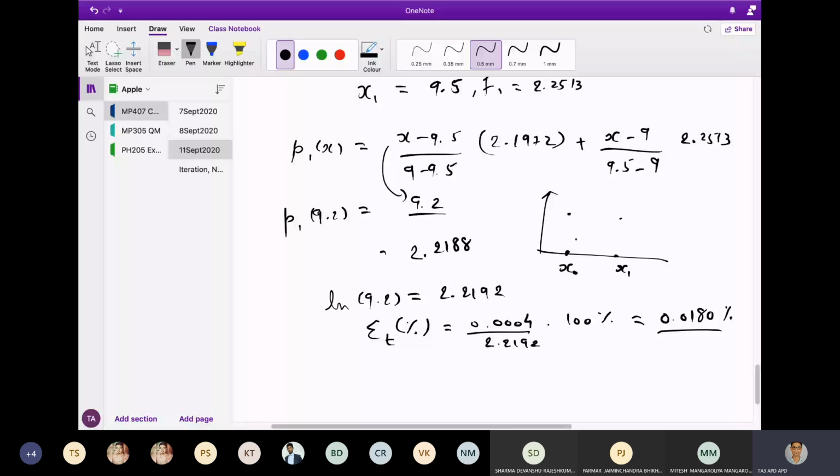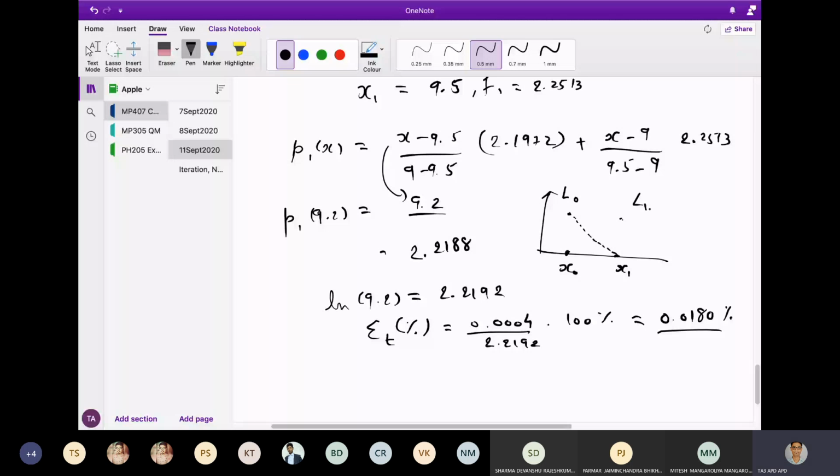This is nothing but the straight line equation. If you calculate this, it is going to be something like this, L0, and L1 is going to be something like this.